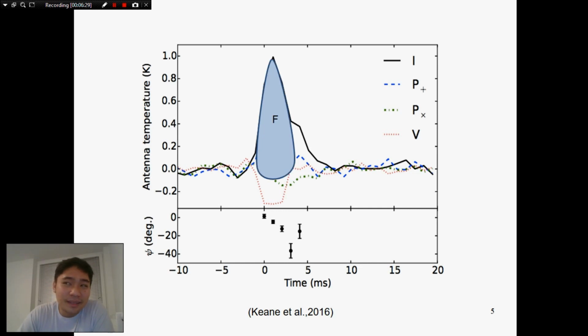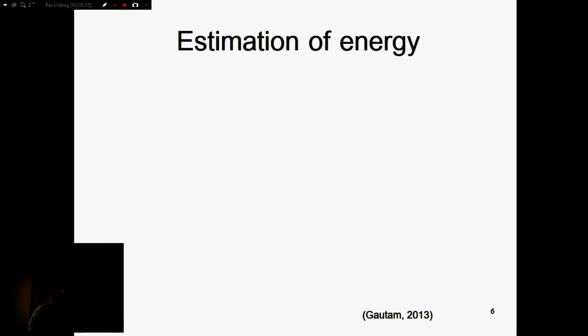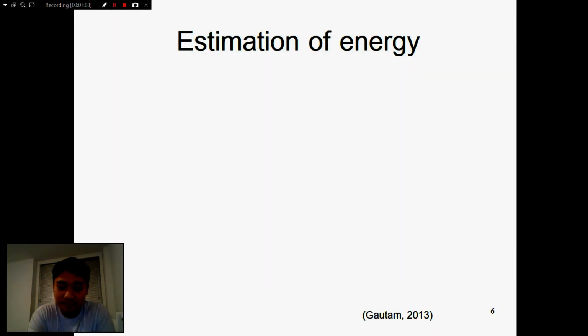If we want to find the energy per burst, or per peak, we have to integrate the intensity over time, in the time domain. So we define another parameter called fluence. This fluence is just the area under the plot of intensity against time. And now we can estimate the energy.